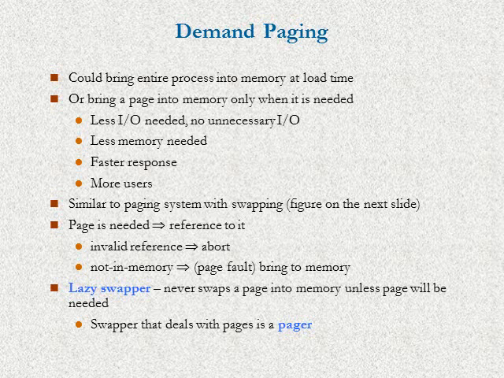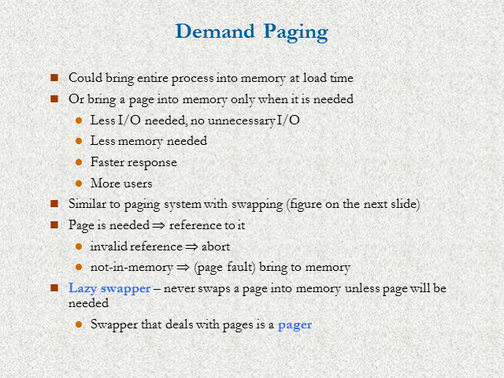If we have an invalid reference, it means that the page is not mapped onto the main memory, so it is not loaded. So we have to go and fetch that page from the swap space and load it onto the main memory before we can continue with the execution of this instruction. If the reference bit is valid, then we can straight away fetch that instruction and start executing it.